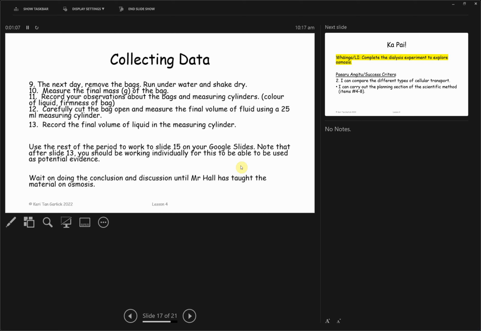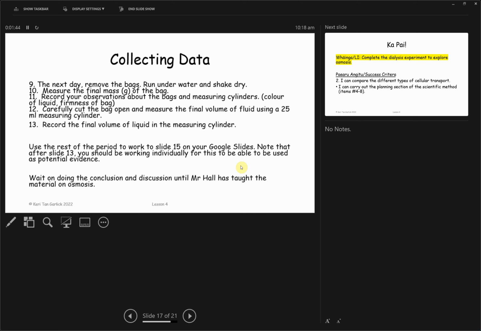So when you take out your dialysis bag, you're going to read the measuring cylinder to see how much water is in there, because it should either have been absorbed into the bag or released from the bag. So we should expect it to change from that 50 mark that you initially had. Does that make sense? Total volume-wise, if I had my bag and my solution in here, should be 65. 50 from the dialysis bag, 50 from the cylinder. Does that make sense to everybody so far?